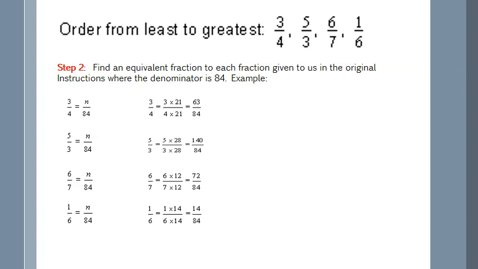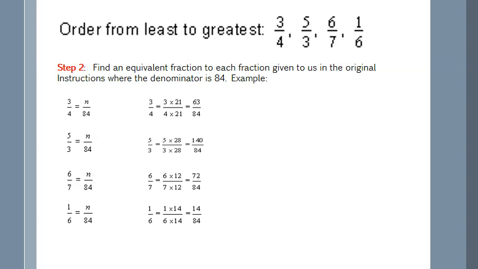If you just look at the first column that I included, 3 over 4, and that equals whatever over 84. So we have to take 3/4 and create a fraction where 84 is the denominator. That fraction is equivalent to 3/4, because notice there's an equal sign there.